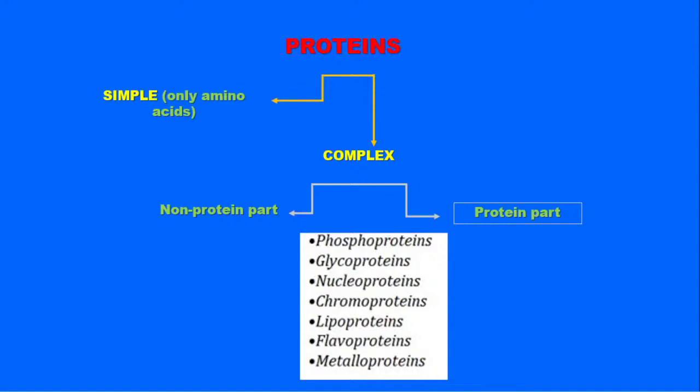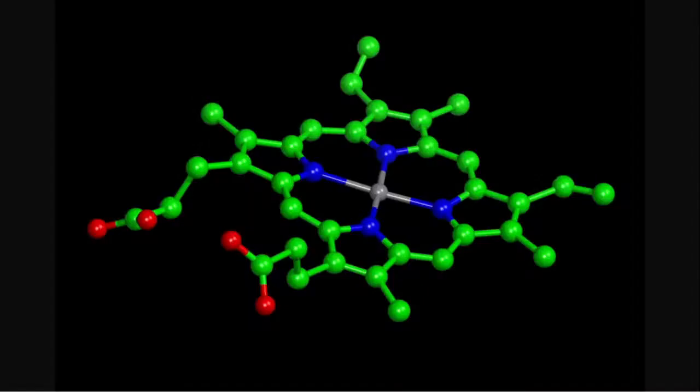So let's look at the structure of heme. This is the ball model. We have 4 heterocycles of 5 participants, one of them is nitrogen: nitrogen, nitrogen, nitrogen, nitrogen. Pyrrole rings, so called here.